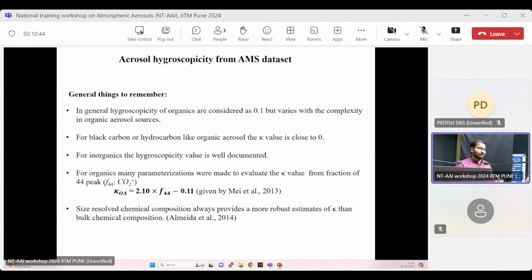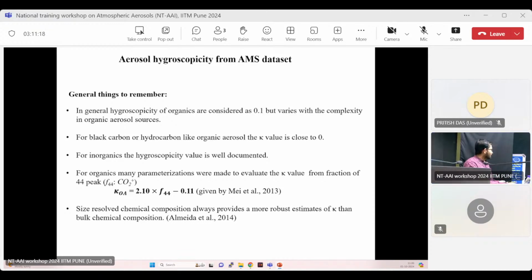If you remember your 12th class, for carbon the maximum oxidation state can be CO2. It cannot go beyond CO2. So this CO2 plus can be considered as the maximum oxidation extent of carbon or hydrocarbons or any organic compounds, and it can be parameterized to calculate this kappa value. This can be a handy tool to indirectly calculate kappa for your organic aerosol instead of just assuming 0.1.